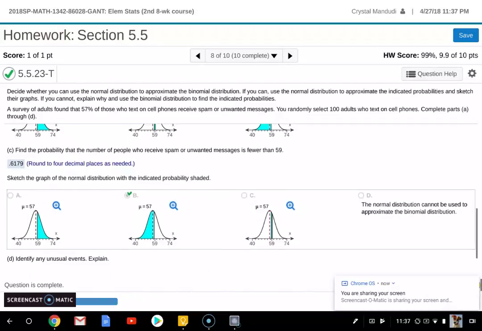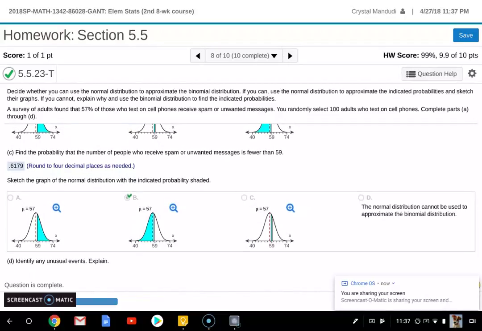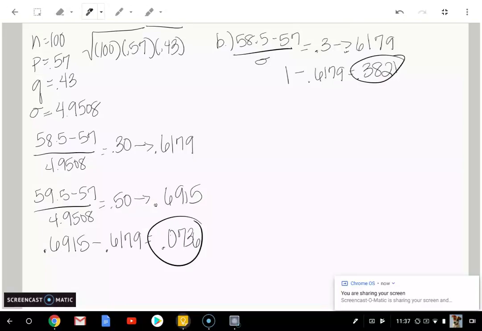So C is find the probability that the number of people who receive spam or unwanted messages is fewer than 59. We should remember that we answered question A over here. We already used 58.5, also for B as well.